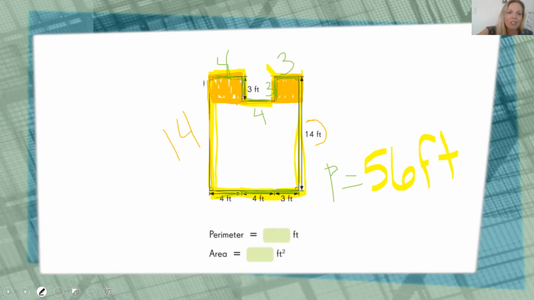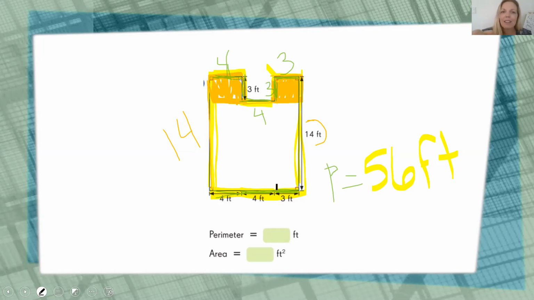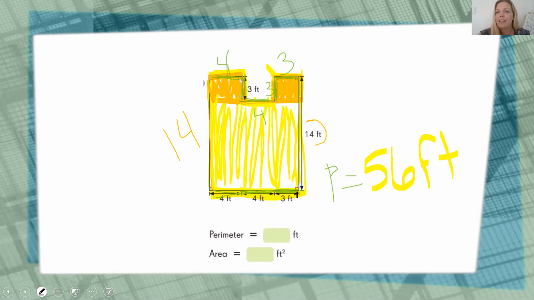And then what I can do is I can take this large rectangle here and solve for that separately. Okay, so now we have our orange rectangles or square in one case, and we have our great big yellow one.